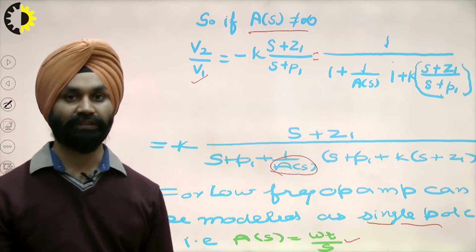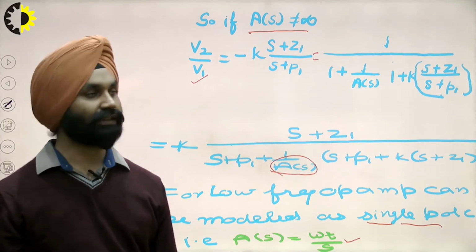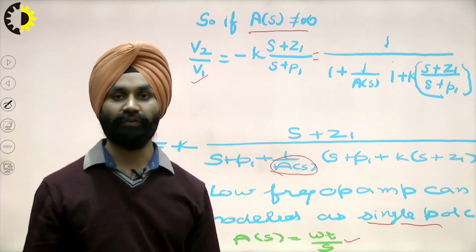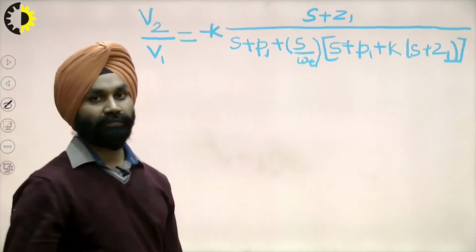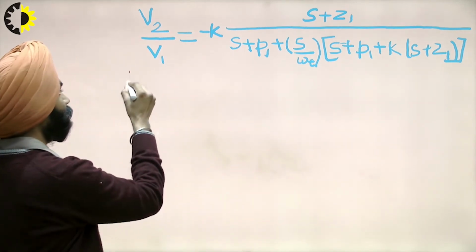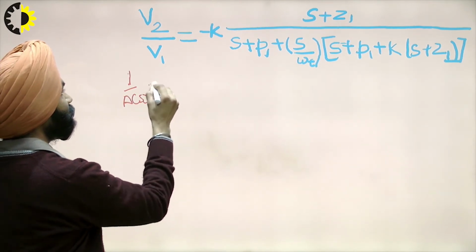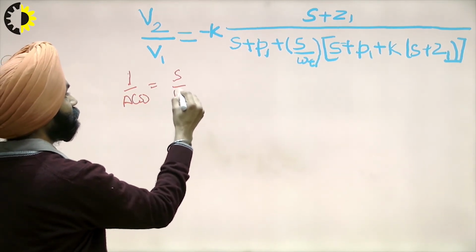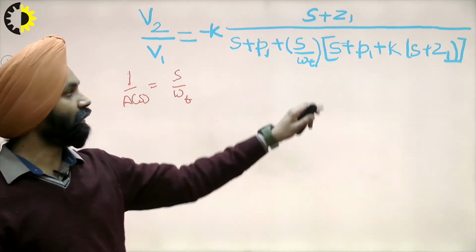But as the frequency is not infinite, A(s) will not be infinite, so this is our non-ideal case, where A(s) is not equal to infinity. So in this equation 1 by A(s) has been changed to s by omega t. We have put the value of A(s) here.